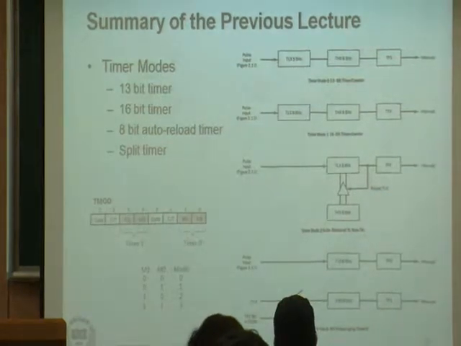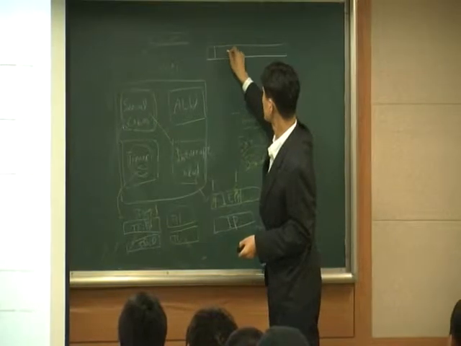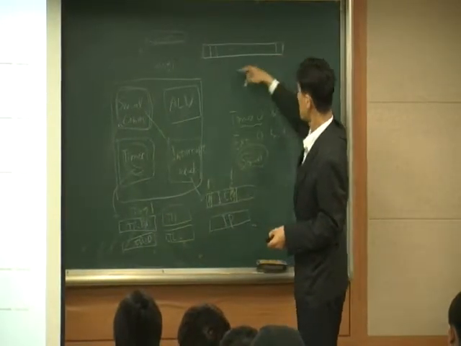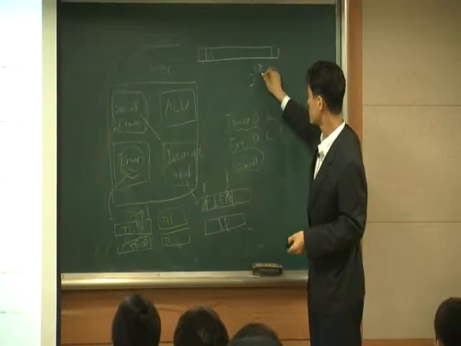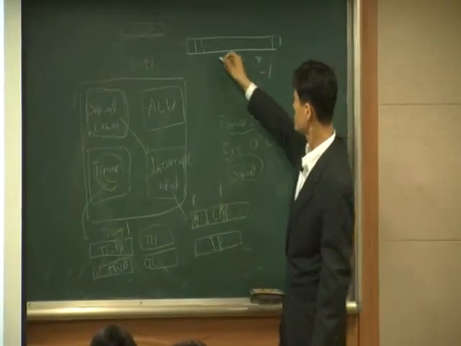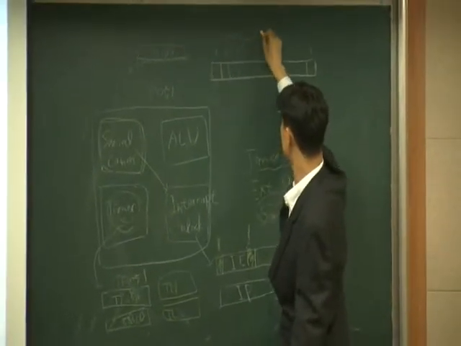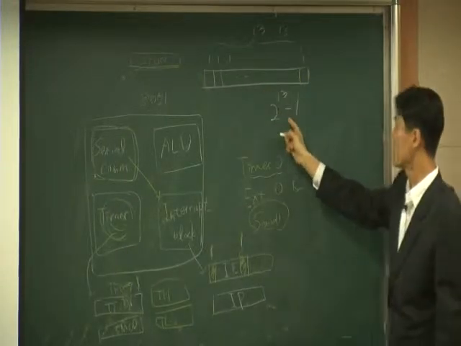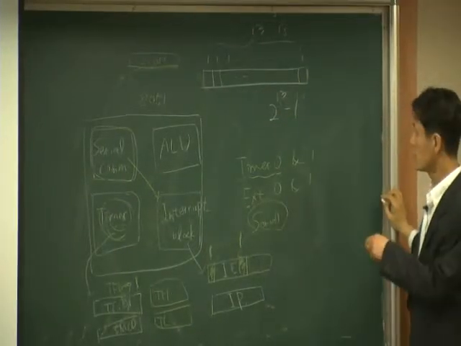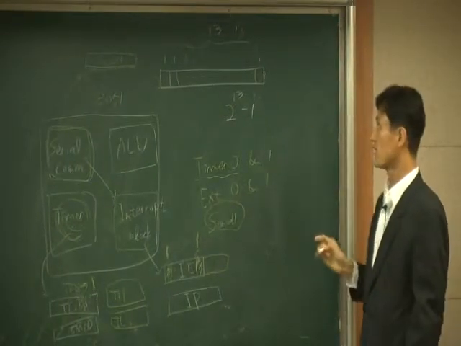So we have 13 bits like this, and the maximum value you can have with these 13 bits is 2 to the 13 minus 1. That's the case of all 1s, 13 ones. That's the 2 to the power 13 minus 1. That's the maximum value we can have.